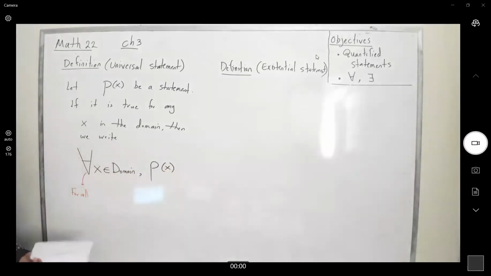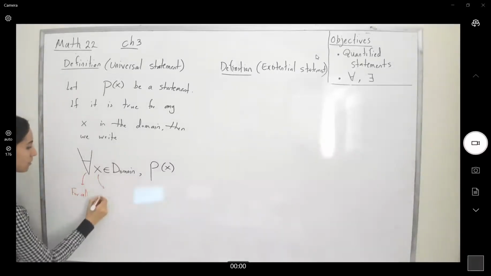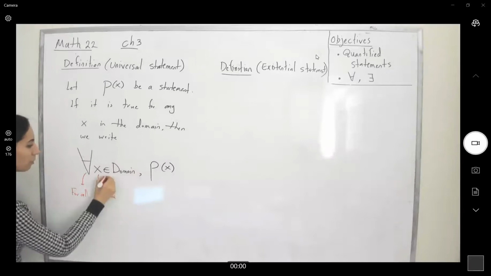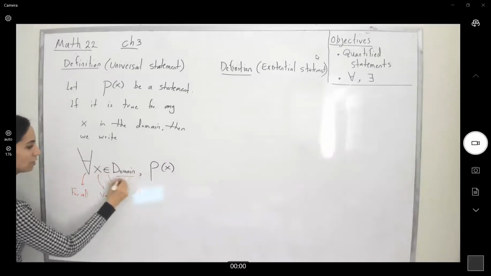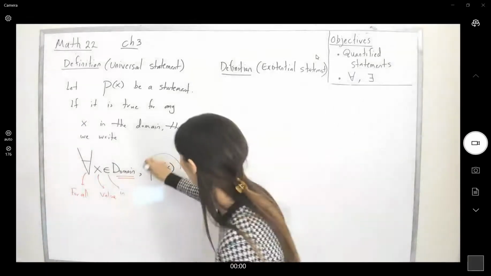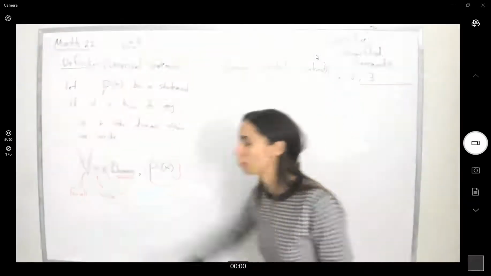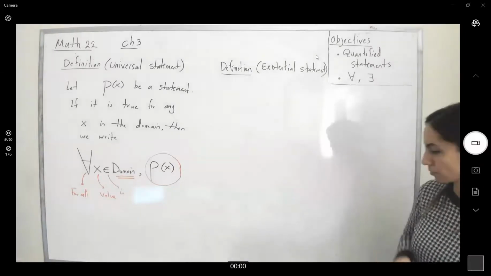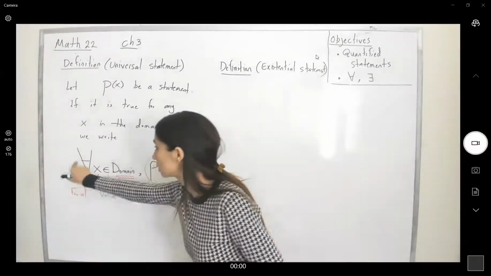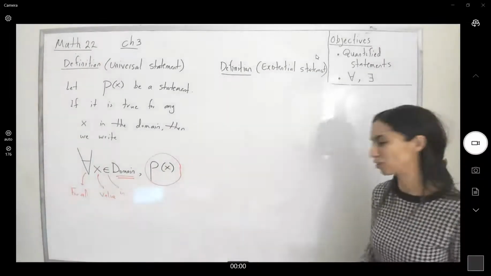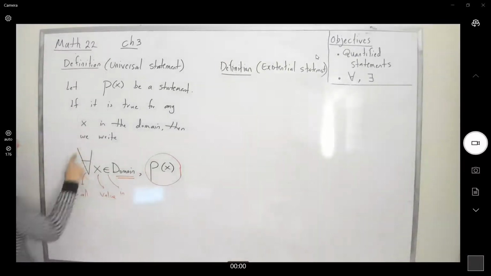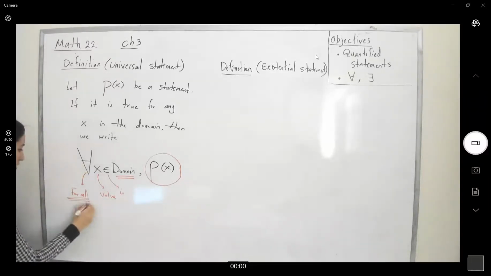So for any x value in the domain, P of x is a statement that is satisfied for that x. So this is called a universal quantifier. The upside down capital A is the universal quantifier.